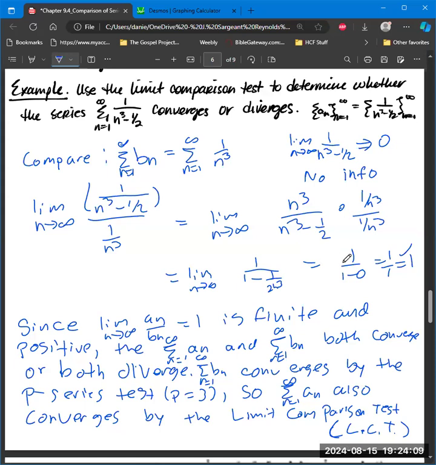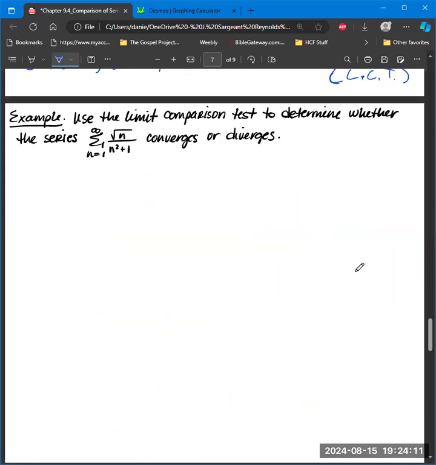All right. Now let's use the limit comparison test to determine whether the series, the summation from n equals 1 to infinity of the square root of n over n squared plus 1, converges or diverges. So I'm going to choose the most powerful thing in the top and bottom to be my b_n.